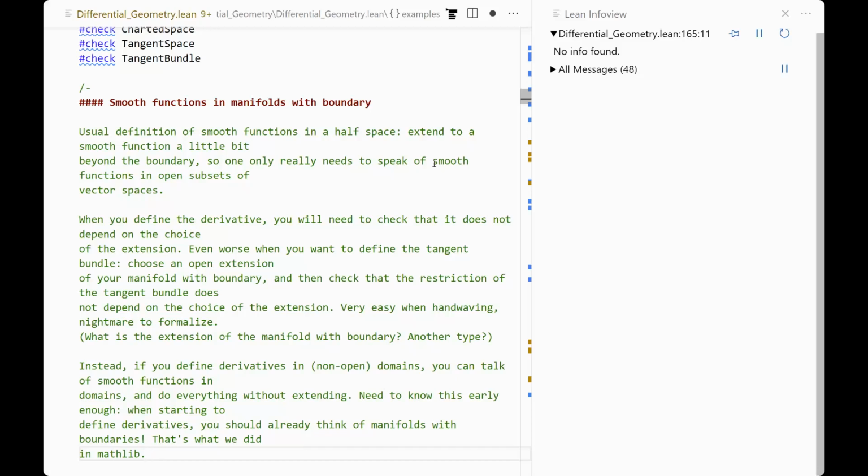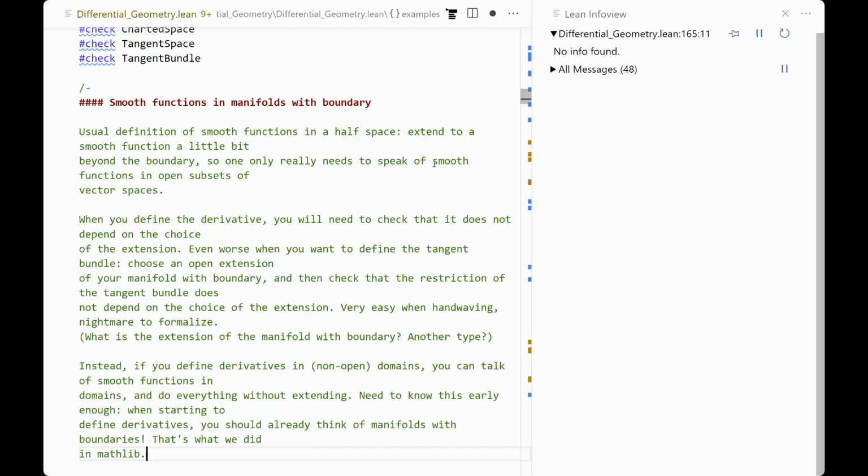And actually, in many textbooks that cover manifolds with boundaries, you have to extend your function a little bit beyond the boundary, and then you're smooth at the point on the boundary, which is now in the interior, and we can talk about smoothness. But that extension is kind of inconvenient to work with.